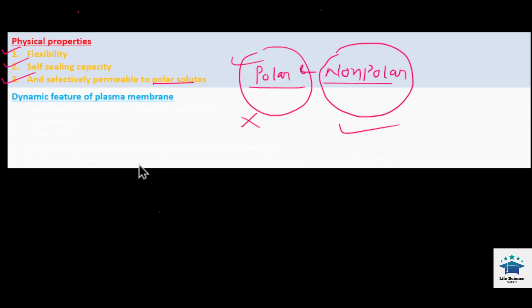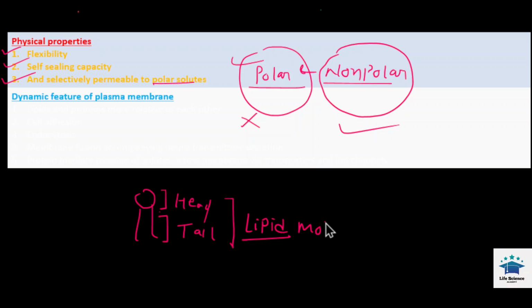Why is it non-polar? We have a typical structure. This typical structure is known as the head, and this is the tail. The whole structure is defined as a lipid molecule, which possesses head and tail region. In the tail region, there will be presence of fatty acyl chain, and in the head region there will be presence of alcohol group or bulky sugars. In the head region there will also be some charge present.